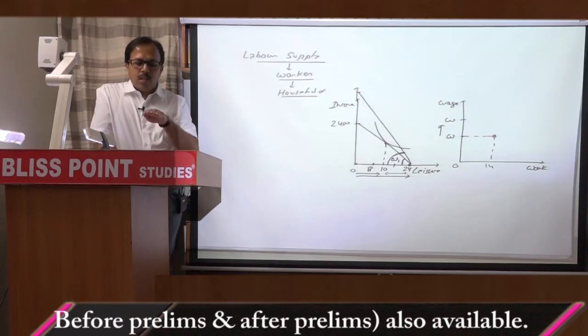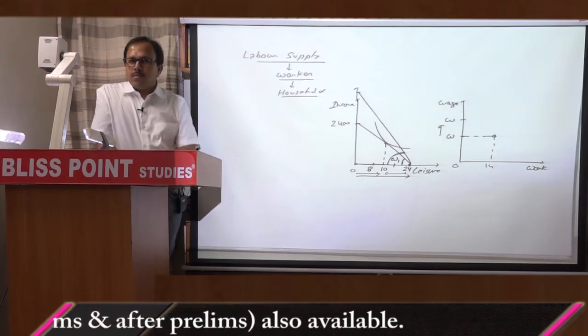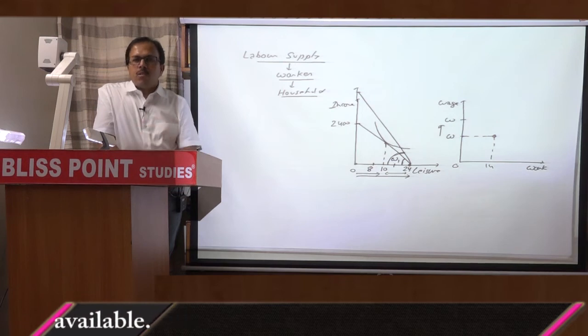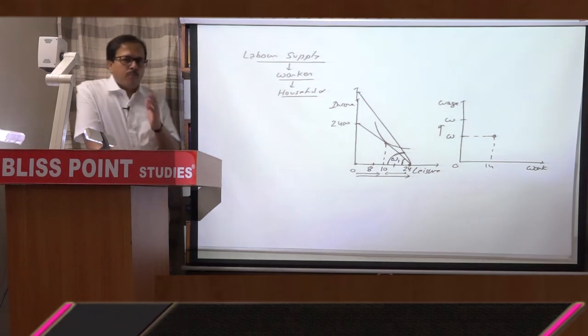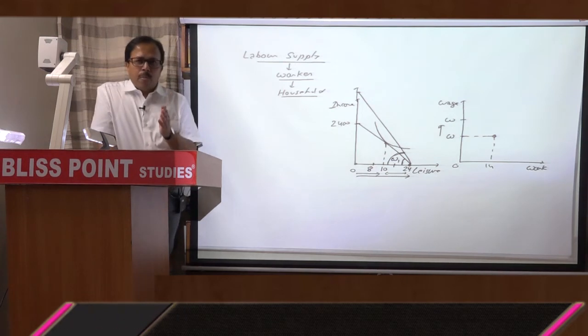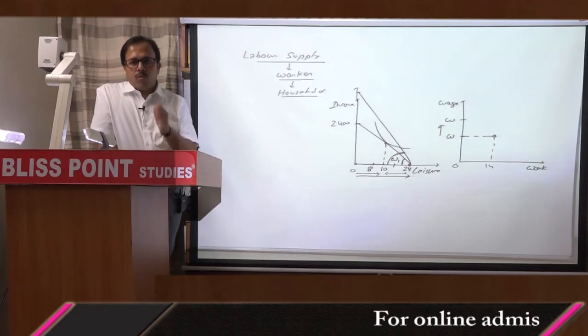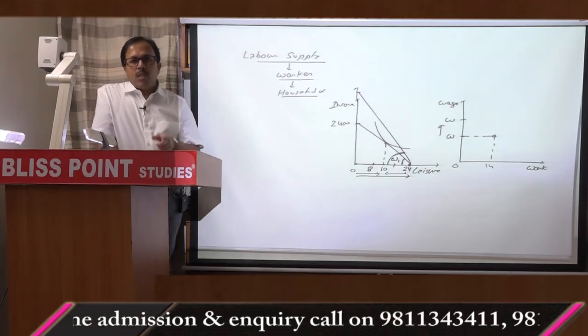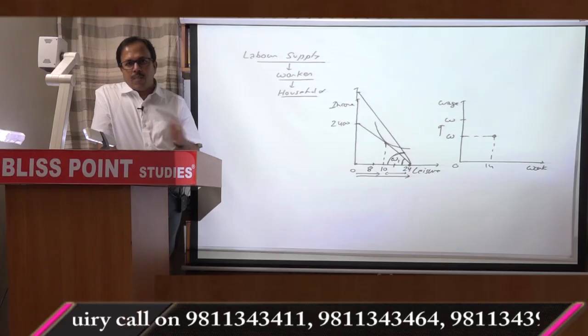When wage rises, leisure becomes expensive because the wage rate is the opportunity cost of leisure. So if workers are paid 100 rupees as wage, it means for working an hour you are getting 100. So if you are not working, how much are you sacrificing? 100. Now if the wage is 200, then if you are not working you are sacrificing 200.